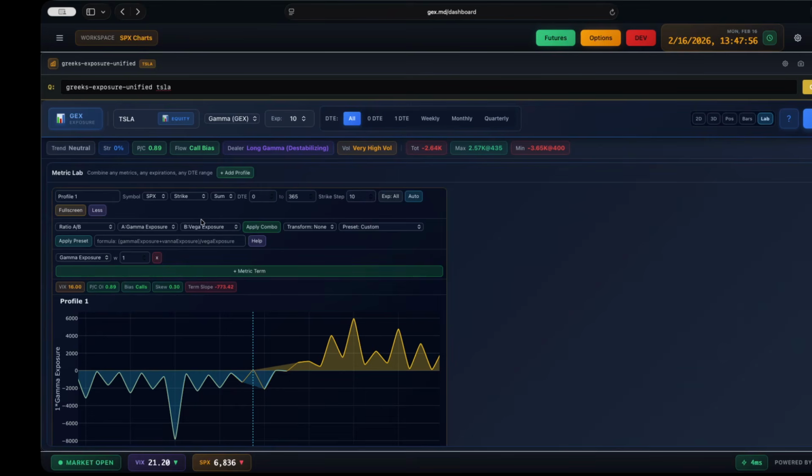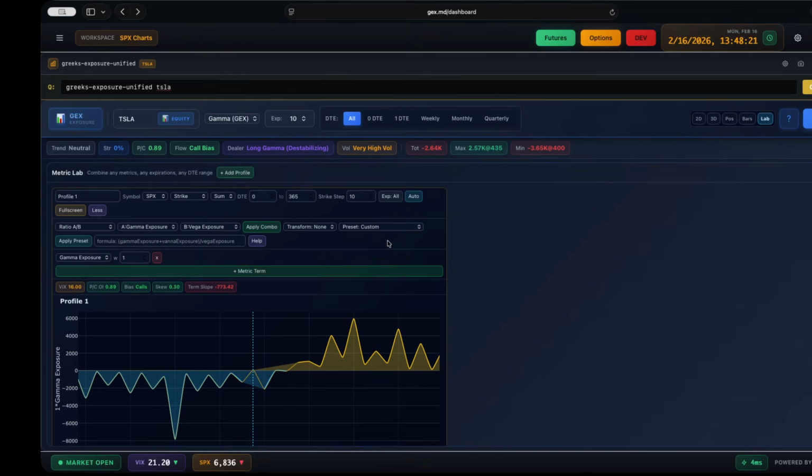You can choose any symbol by strike, by DT, by expiration. You can zoom, average, max, minimum. You can go from 0DT to 365 days. You can choose how many DT you want to see. So if you don't understand anything like this, don't use this. Just go to the presets I made.